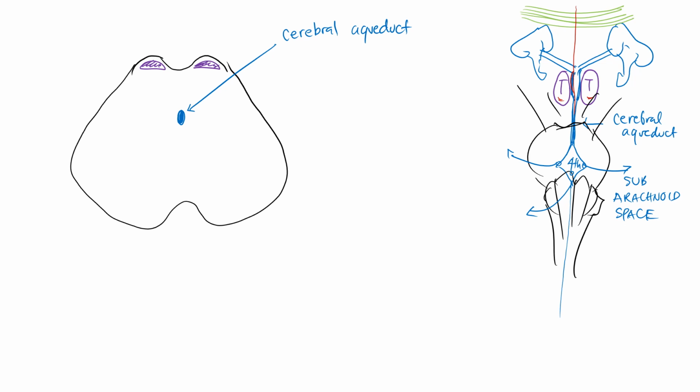But anyway, we're talking about the cerebral aqueduct. Okay, very important. Why? Sometimes children are born with a blocked cerebral aqueduct. So what happens? Cerebrospinal fluid builds up here. They could not bring the cerebrospinal fluid out.